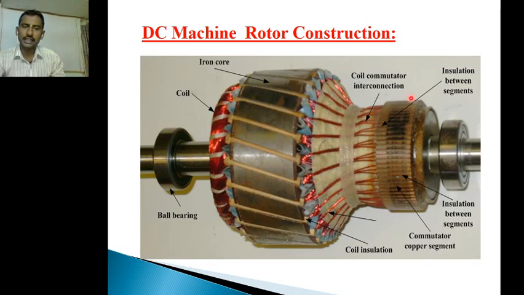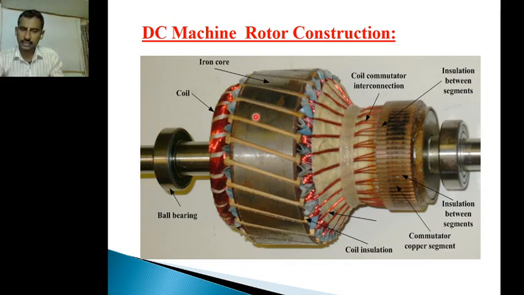And coming to the rotor construction, we use the armature. This armature is made up of slots and laminated stacks. Why do we go for laminated stacks? In order to reduce the eddy current losses.